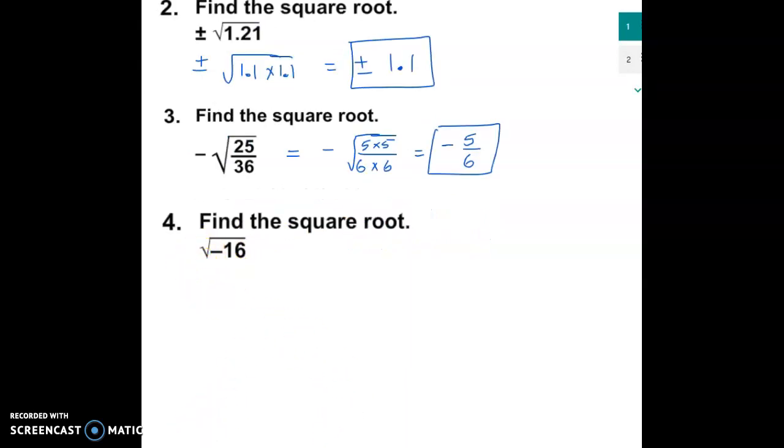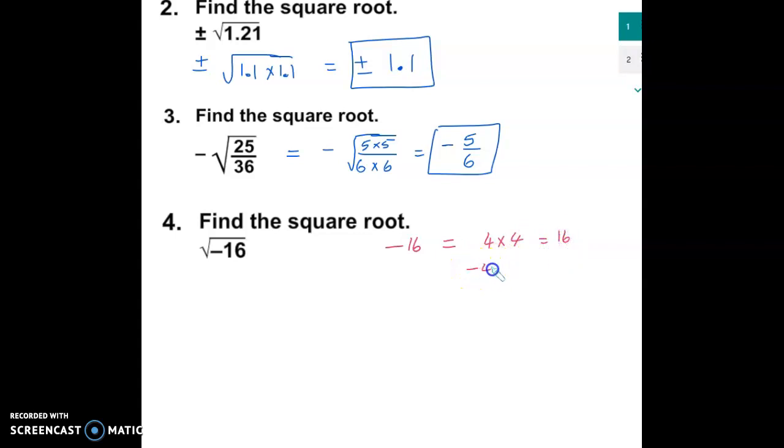Now look at another example. In this example, really important, there is a radical sign and a negative inside. I want you to be really careful whenever you have a radical sign and a negative number inside. For example, negative radical 16: what two numbers make negative 16? 4 times 4 gives me 16.